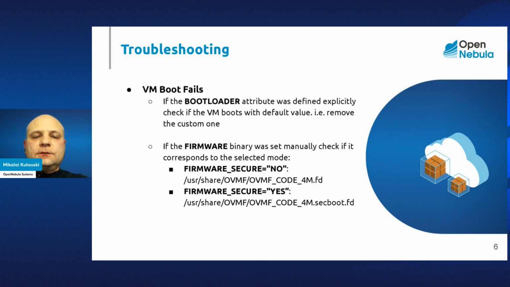There is also the possibility to provide a custom path for the firmware, so make sure that you use a proper one. For example, if you decided to use secure boot, it means the firmware secure attribute is set to yes. Please make sure that you specify a path to the proper firmware binary.